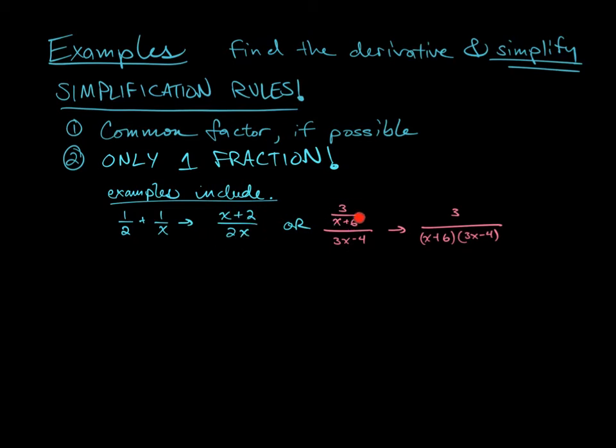Or if you have a fraction within a fraction, simplified means you only have one fraction. And you can even have something like this: if you have x plus 1 over x, and it says simplify, then you need to combine this into x squared plus 1 over x. So if there's a fraction anywhere, you need to make sure that your final answer is completely just one fraction.